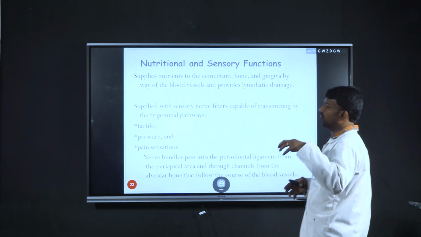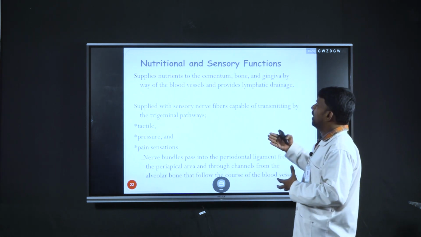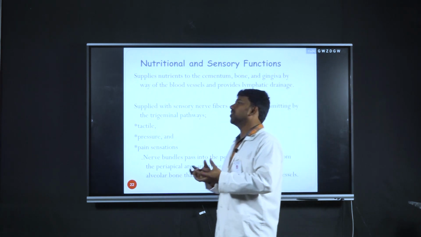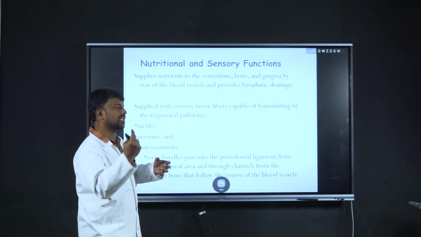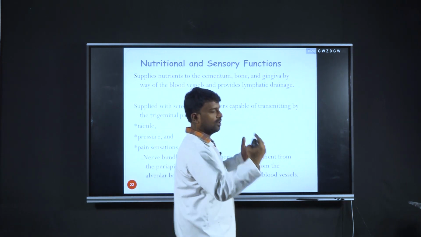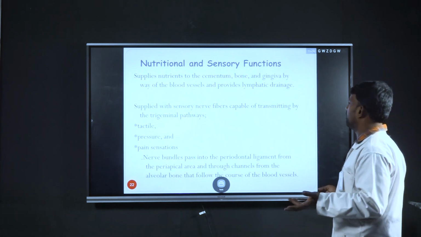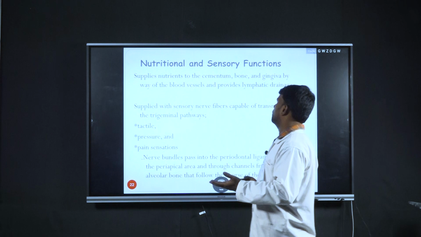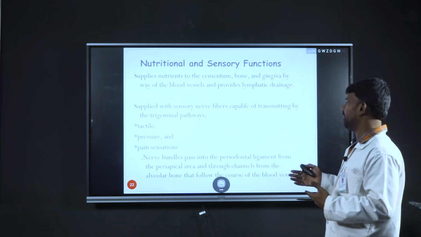When force is applied onto the occlusal surface of the tooth, we can see the pressure sensation. If tipping forces act on the periodontal ligament, you can see the pain sensation when you slide the tooth occlusally, mesially or lingually. And tactile sensitivity: when you touch a particular tooth, you can feel that tooth. So that function is normal for a tooth and a periodontal ligament.